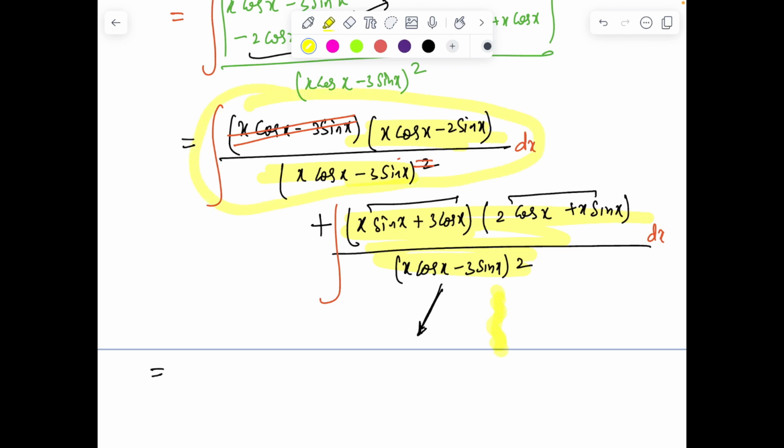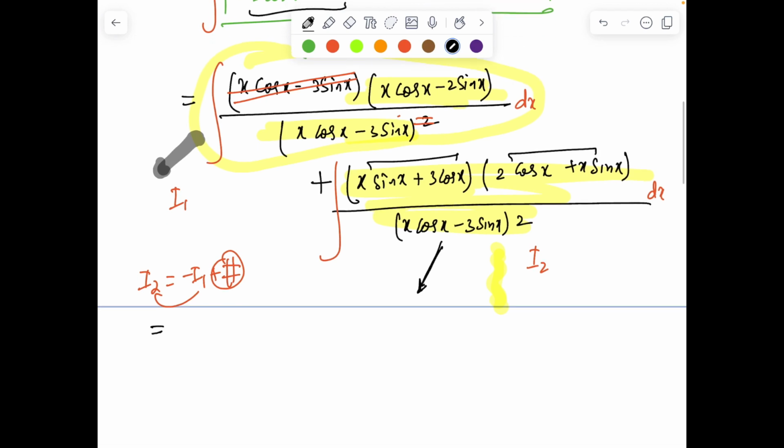So if after solving this integral, somehow I can bring the negative of this, let's call this integral I1. Clearly I'm not taking care of the constant, this is I2. So the target is if somehow I can bring I2 as minus I1 plus something, then I1 plus I2 is definitely known, so I1 will get kicked out in the process, and that's a very typical integration by cancellation logic, right?